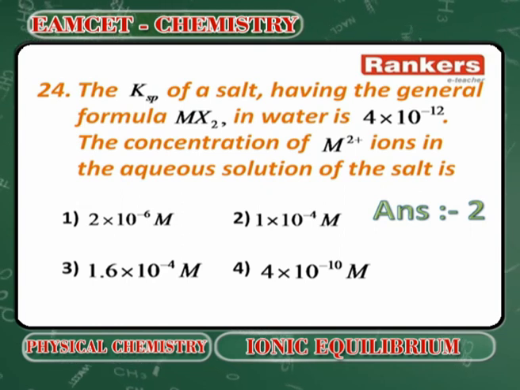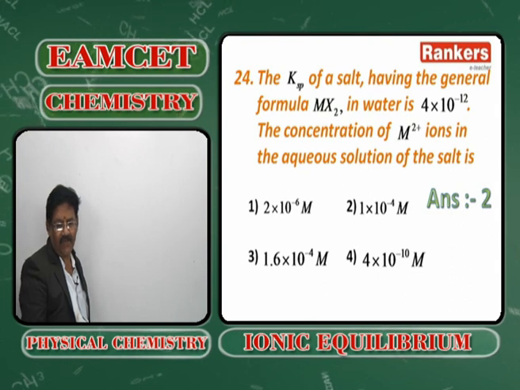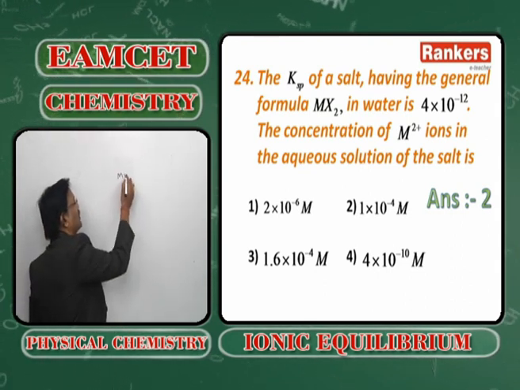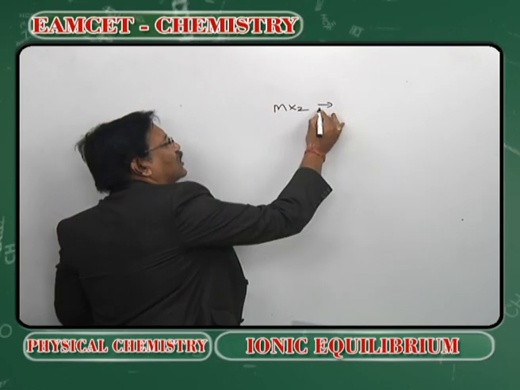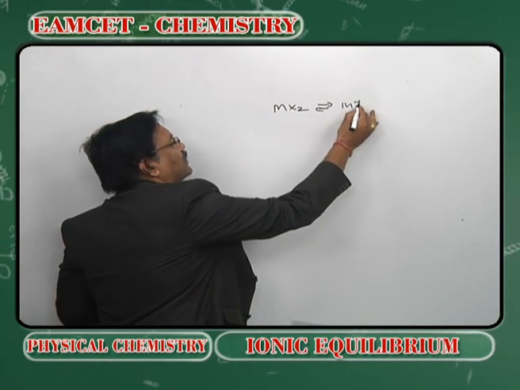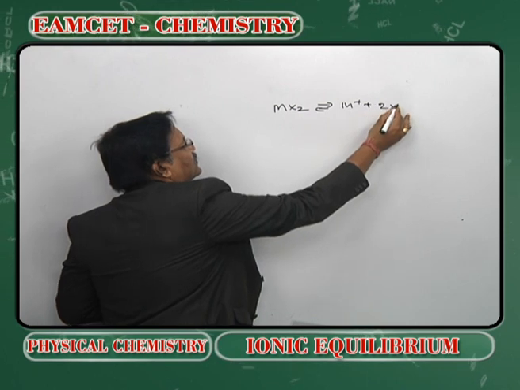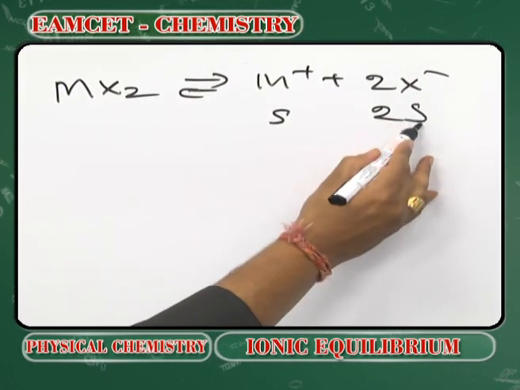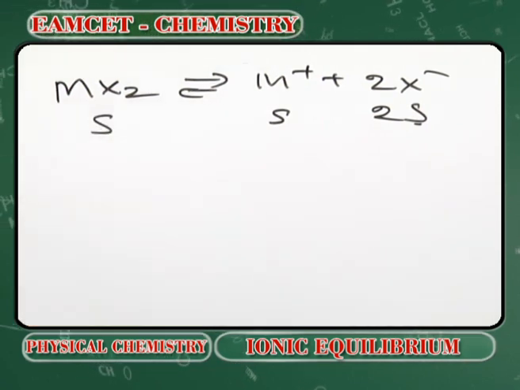The Ksp of the salt having the general formula MX2 is 4 into 10 to the power of minus 12. What is the concentration of M plus 2? So MX2 ionizes into M plus 2 and 2X minus. Its solubility is S and 2S.